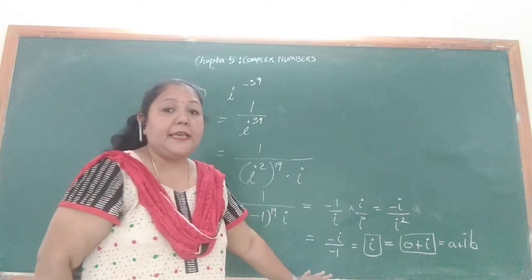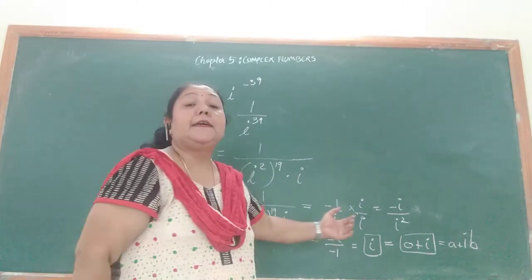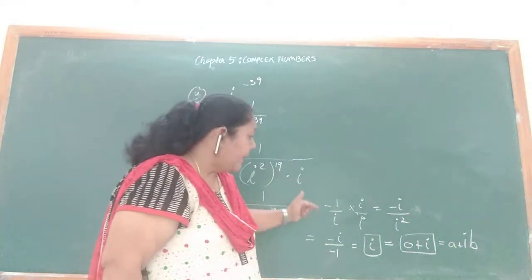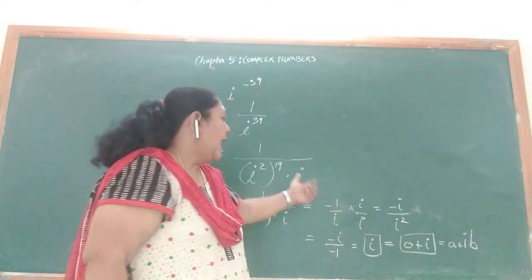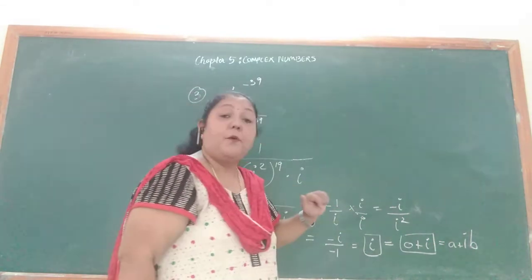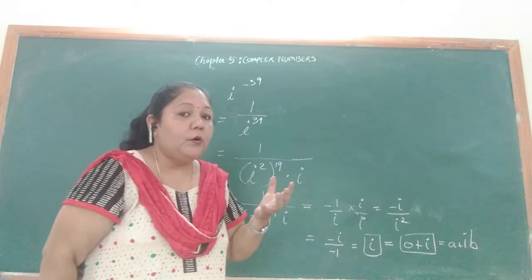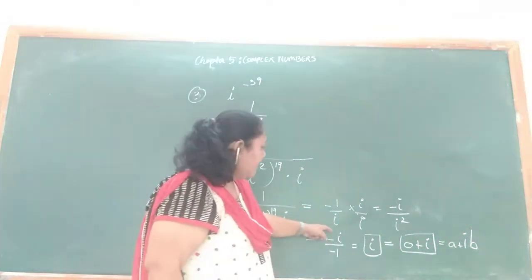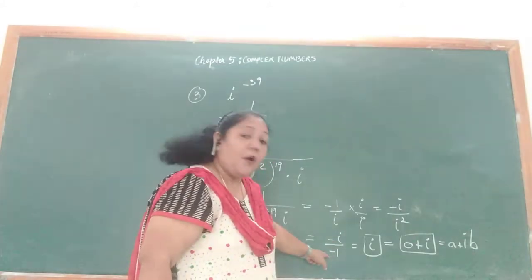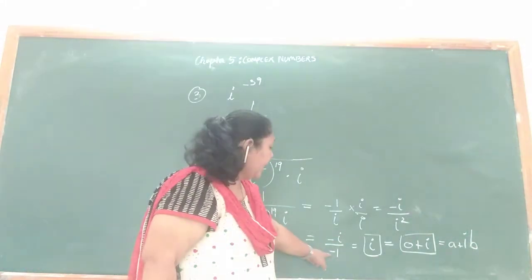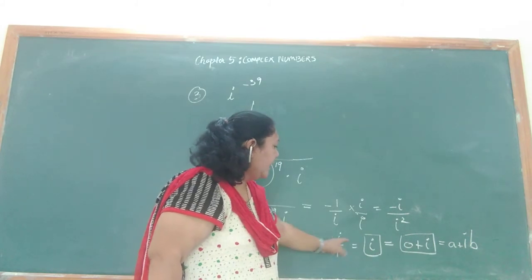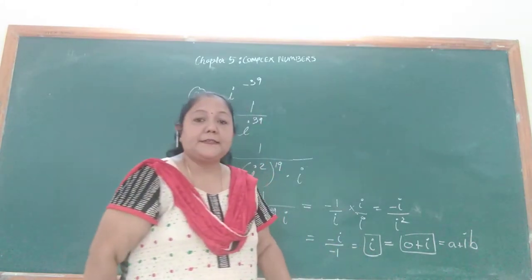I don't want i in the denominator, so I try to rationalize my denominator. I multiply and divide by i and therefore I get minus i upon i square. But I know i square is minus 1. So minus i upon minus 1, minus and minus will cancel and I got plus i.